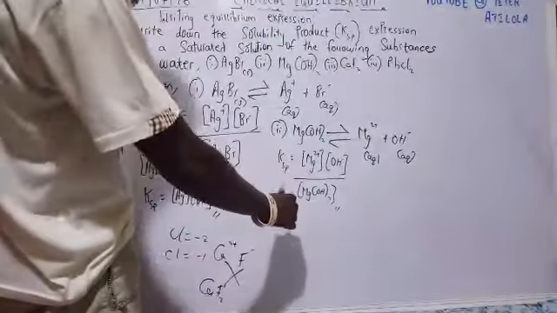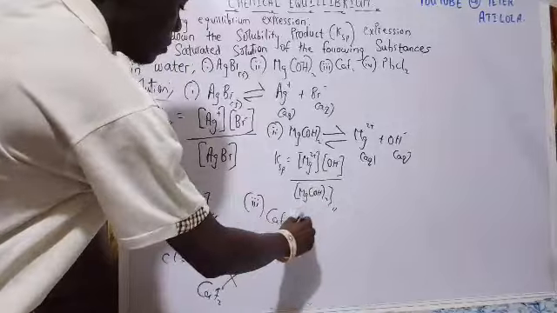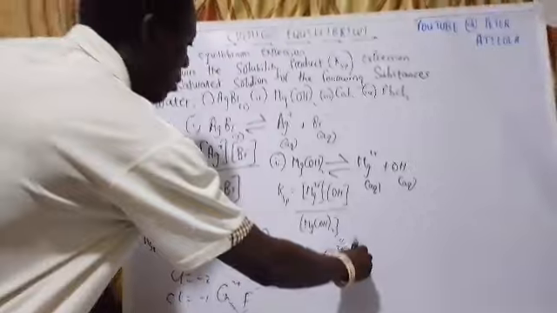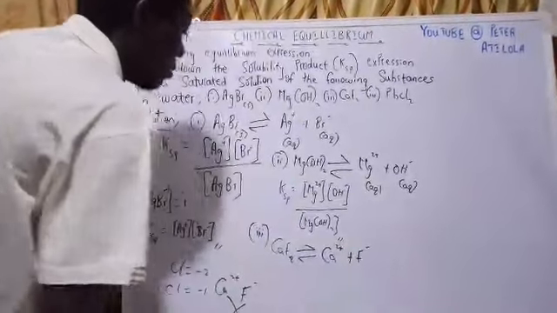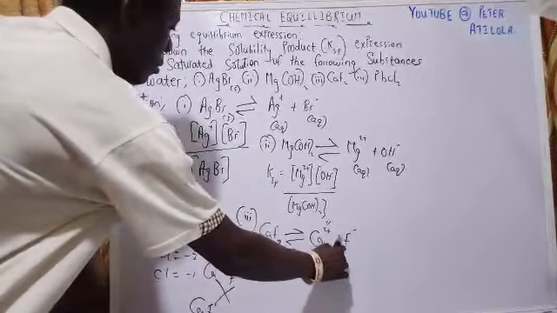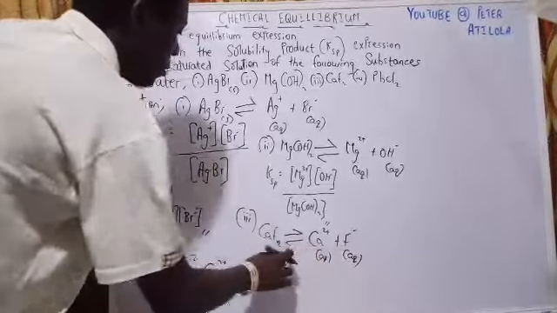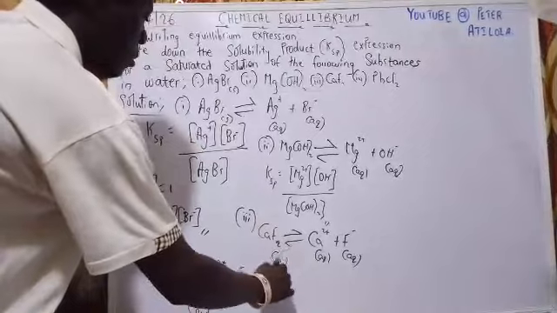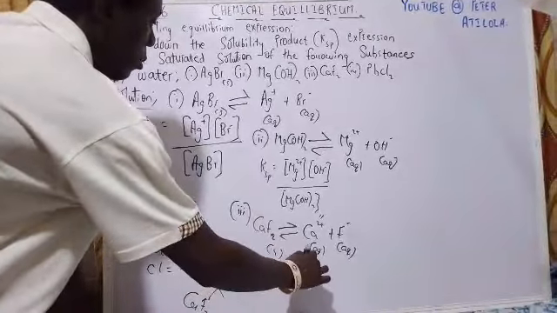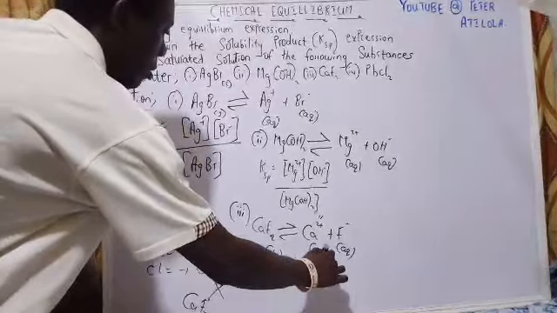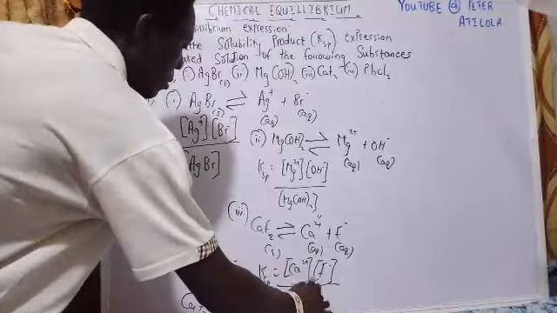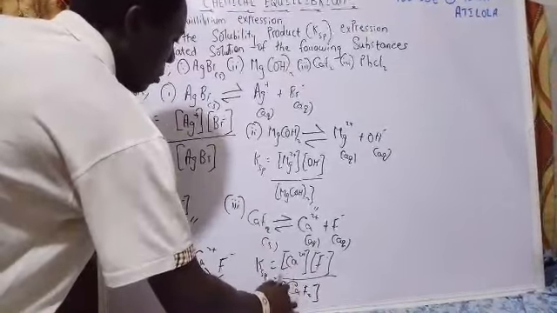Now let's get back to this. So here you are going to have Ca2+ and F-. This one is solid. So we have KSP is equal to Ca2+ times F- over CaF2.